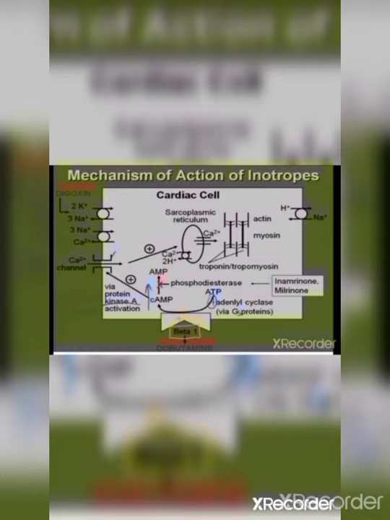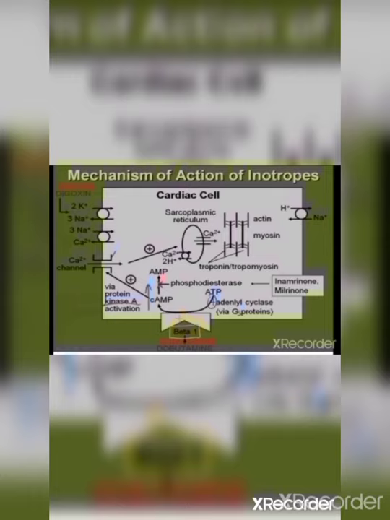Upon activation by dobutamine, this receptor hooks up with the Gs protein. Gs protein activates the adenylyl cyclase enzyme, which catalyzes the conversion of ATP into cyclic AMP. Increased levels of cyclic AMP promote the activation of protein kinase A, which opens voltage-gated calcium channels and allows the entry of calcium intracellularly.